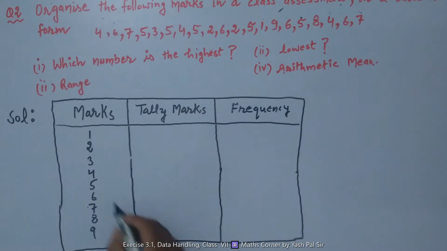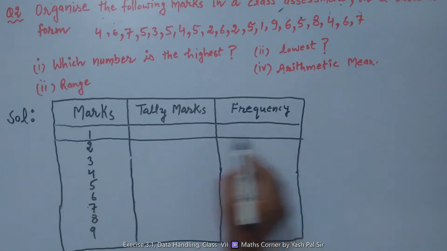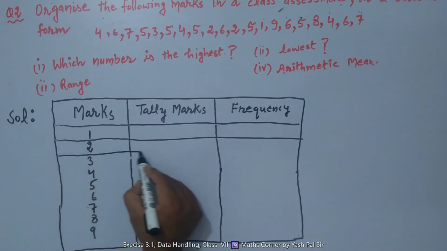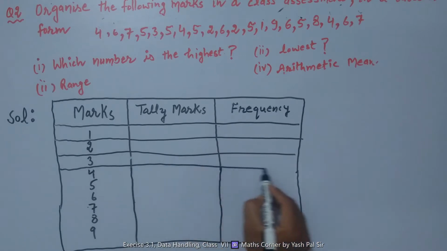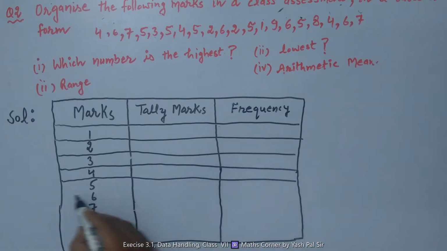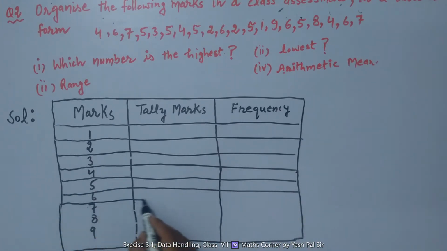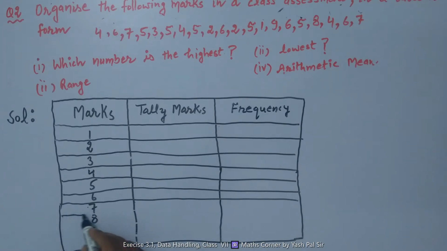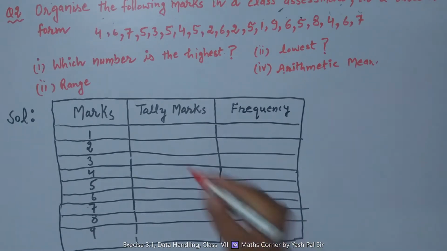Simultaneously we are making the table. This way each tally mark, each frequency should be very much clear, right? So this way our table is almost ready. Okay, now first of all we come to 4.